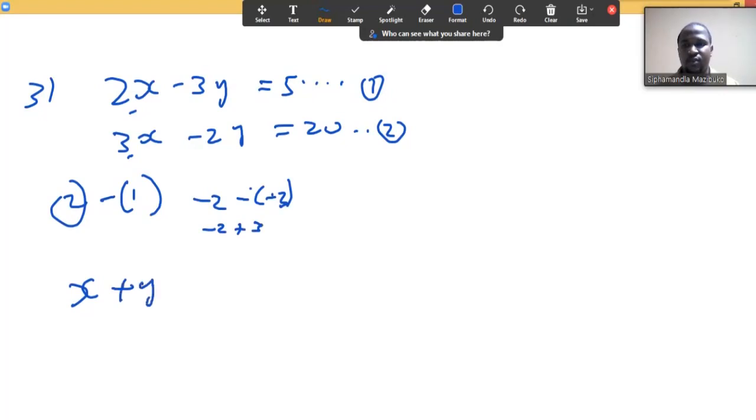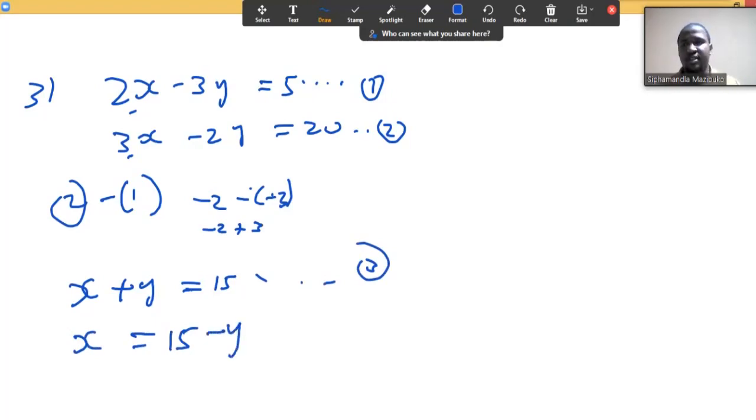This is positive y, and then this is nothing but 15, because 20 minus 5 is 15, right? So we can call this our equation 3. This can remain the same as x equals 15 minus y.